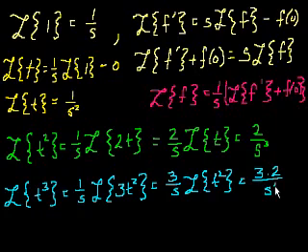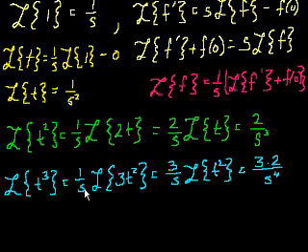S to the fourth. And you could put a t to the n here and use an inductive argument to figure out a general formula. And that general formula is, and I think you see the pattern here, whatever my exponent is, the Laplace transform has an s in the denominator with one larger exponent. And then the numerator is the factorial of my exponent.